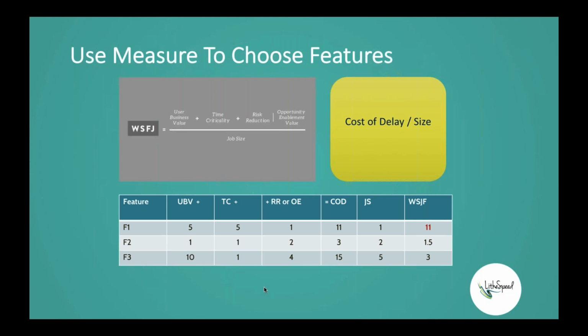Well, here's the thing. I don't know any of that. I don't know how to measure the business value. I don't know how many dollars we're going to get in revenue out of this new feature, or how many new users it's going to attract. I don't know what the time criticality is. How do I measure that? And the size of the job, we're terrible at estimating. I don't know that to any great precision either.